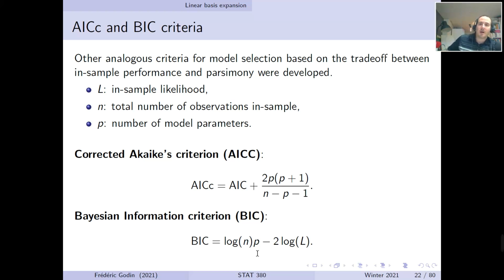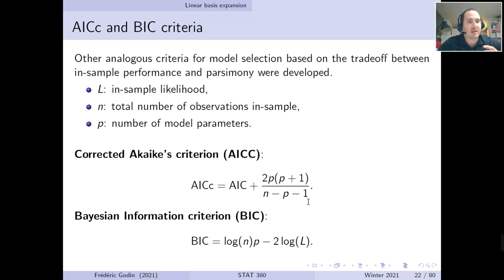Plus, although these criteria have theoretical justifications for the penalties, these justifications are typically asymptotic in nature, and we work in finite samples. The cross-validation or out-of-sample performance assessment directly measures your prediction performance for finite samples.